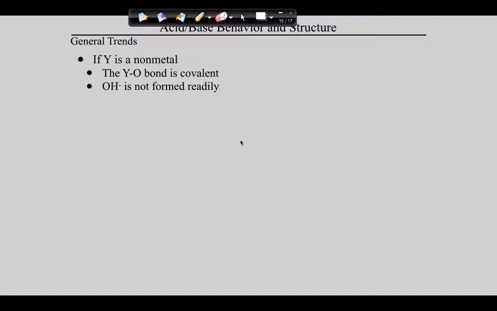So guys, if they're not bases, these things are either going to be weak acids or they're going to be alcohols. And guys, understand an alcohol is just a substance that doesn't give away hydrogen at all.